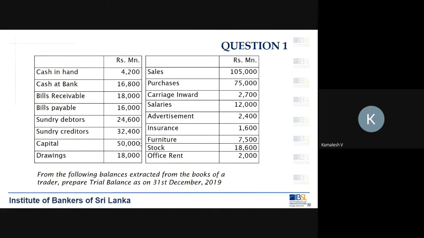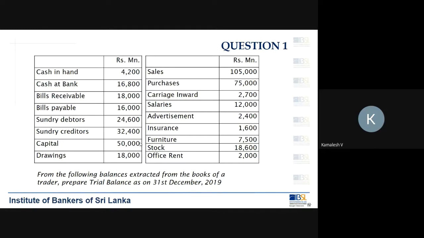Carriage inward is the transport cost that you incur to bring in goods from outside to the business. Carriage outward is where you incur a transport cost to take goods from your business for delivery purposes or various other kinds. Okay, the transportation cost, right? So that is an expense now. Carriage inward is an expense. Carriage outward is also an expense.